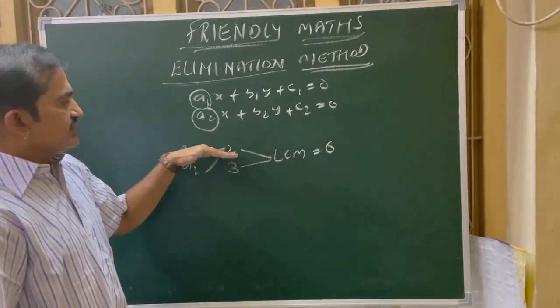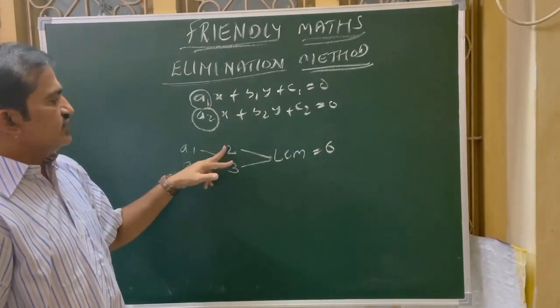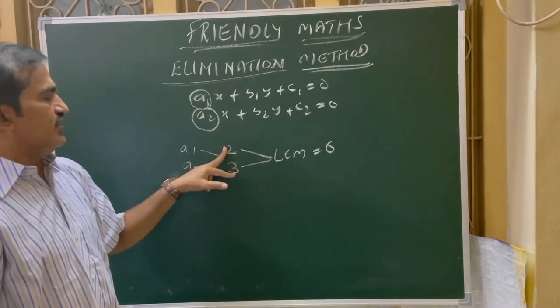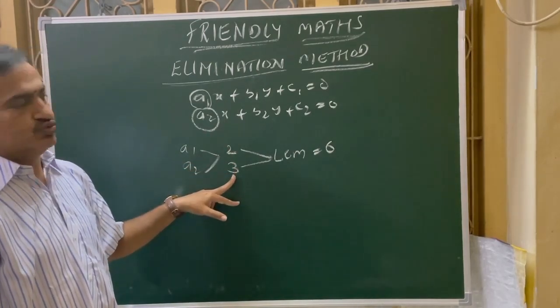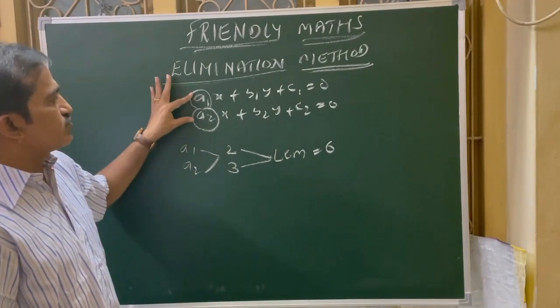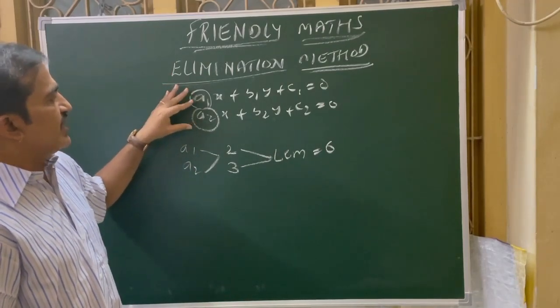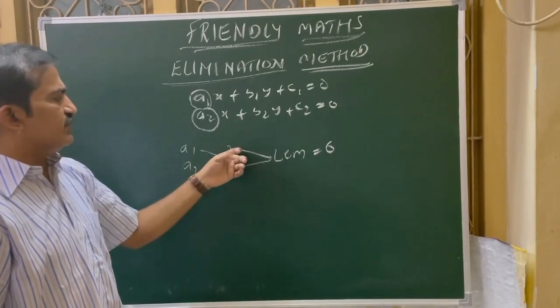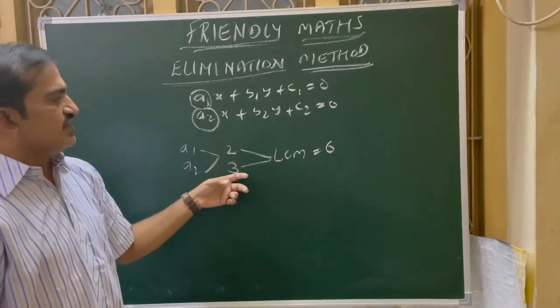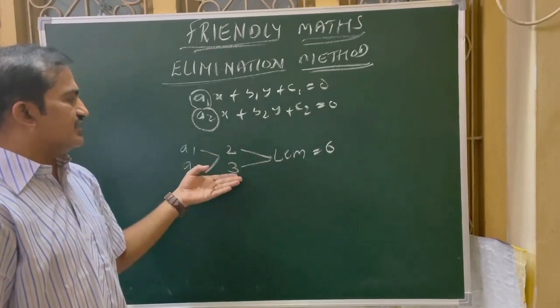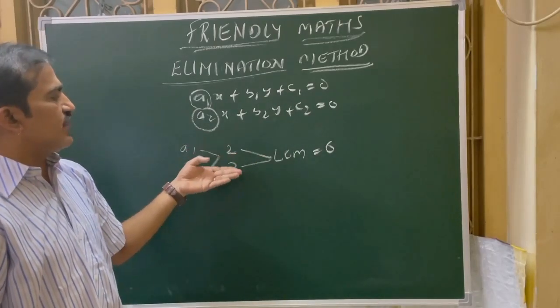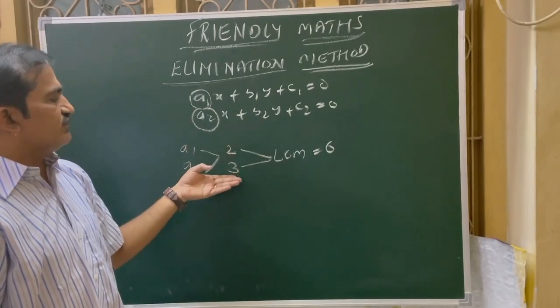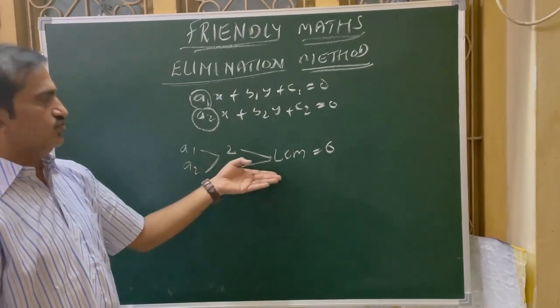So to get 6 from these two terms, this equation we have to multiply with 3 and here we have to multiply with 2. That means we have to make the coefficients equal to the LCM of these two numbers. Generally we know the LCM of relatively prime numbers is their product. So in such a case, the equation with coefficient 2 we multiply with 3 and the equation with coefficient 3 we multiply with 2.